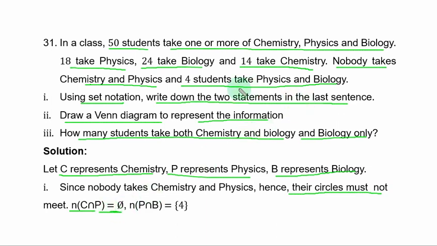And also, the number of students that take physics and biology, that is the intersection, is equal to 4. We proceed to draw the Venn diagram and answer the third part of the question.